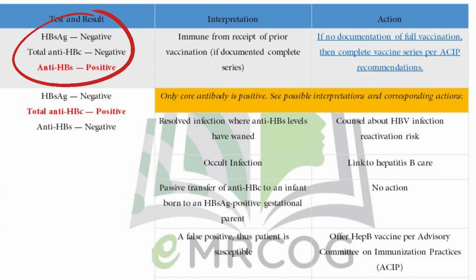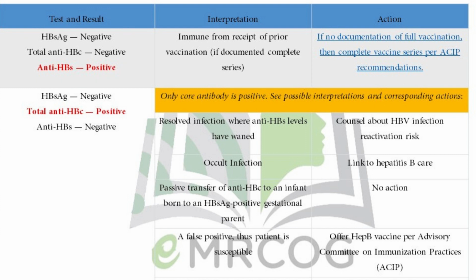Okay, this is now vaccination. Because we said before that we used the surface antigen to produce the vaccine. So when your body is developing antibodies against this antigen, that means that your body is now immune because of the vaccine.